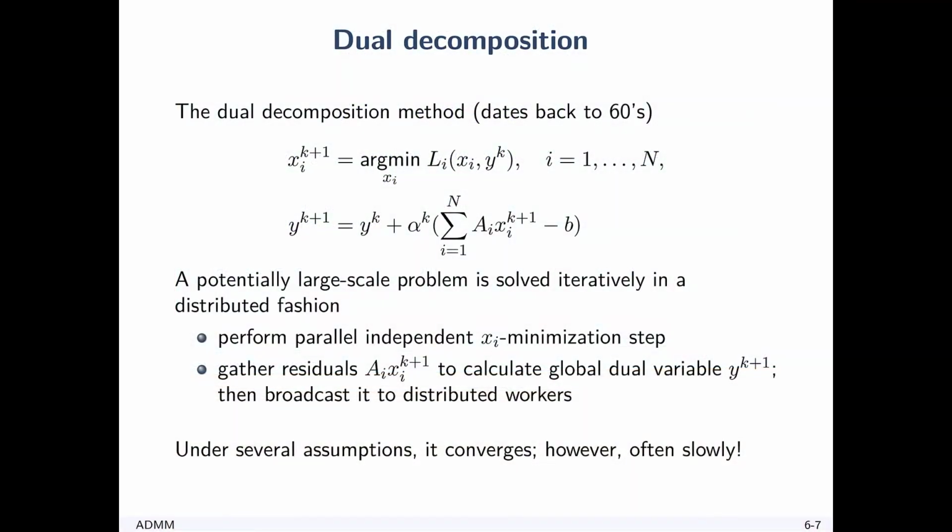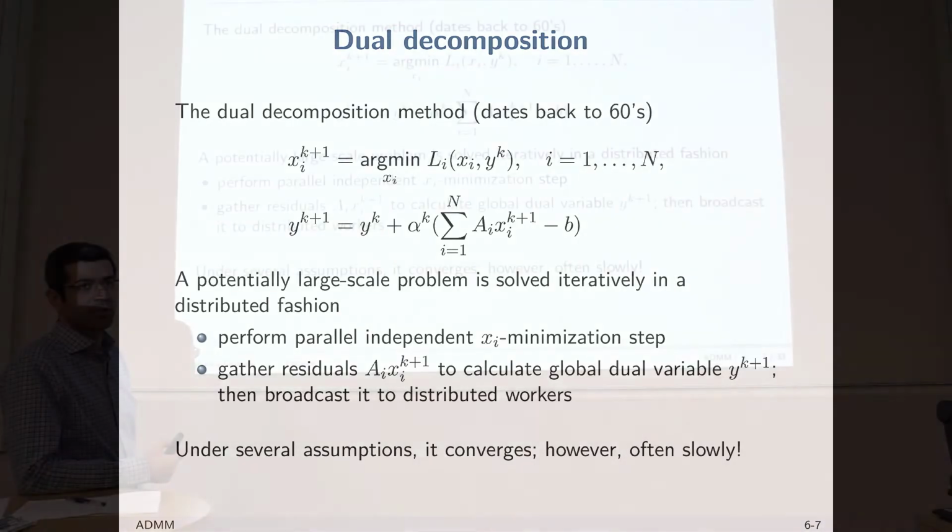And here is the really old method of this dual decomposition, which is basically what I explained, plus that after you are done with your xi minimization in local nodes, you have to do a gradient step over a global vector y.